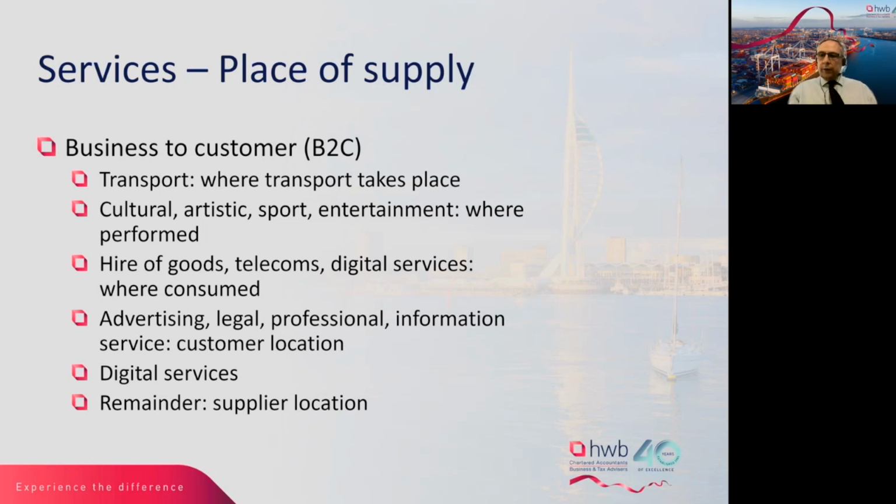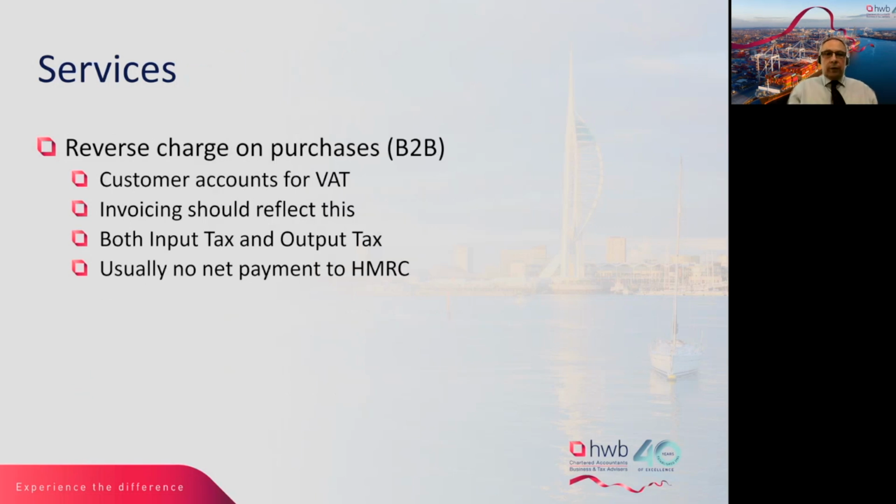So let's have a look now at the reverse charge on purchases. This is one for business to business situations. And in this instance, the overseas supplier won't charge local VAT. And instead, when you receive those services in the UK, you account for VAT on the VAT return.